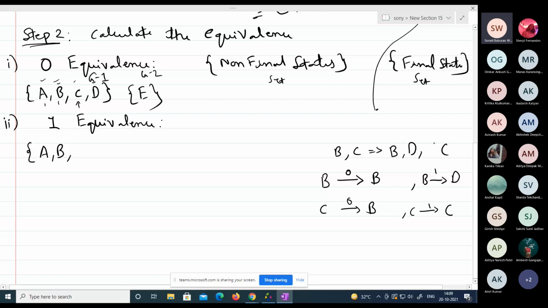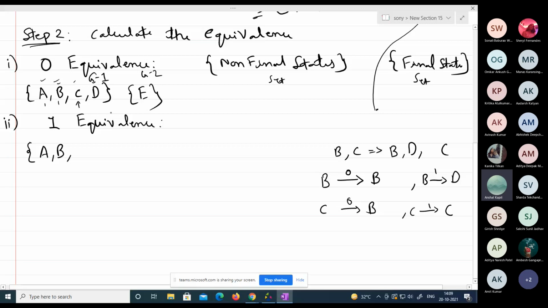So what will I have to do over here? They are all in the same set, so we can include them in the same equivalence set.